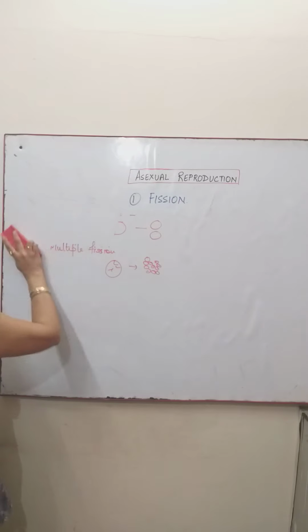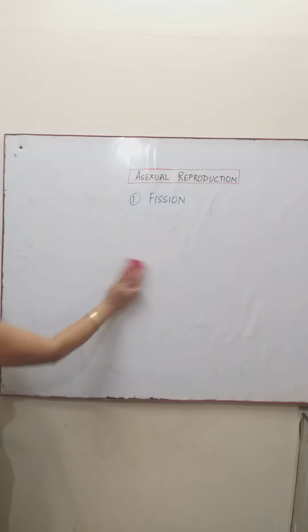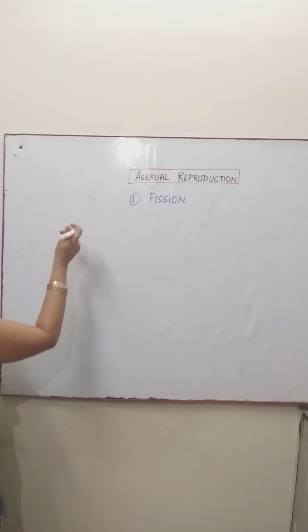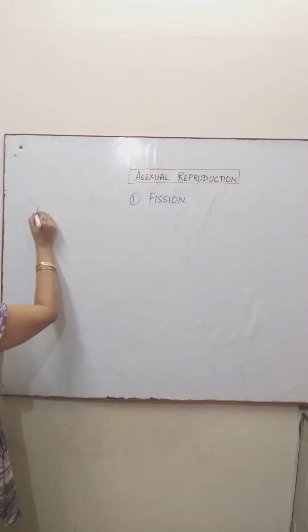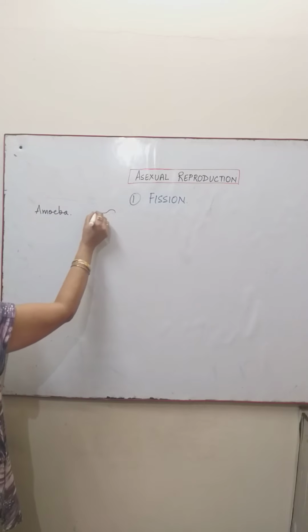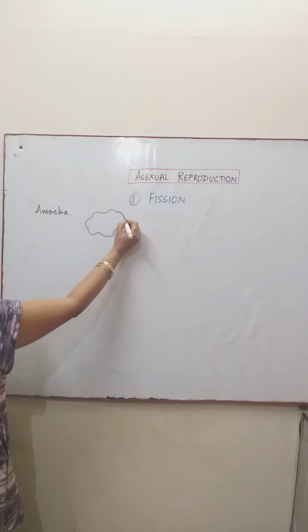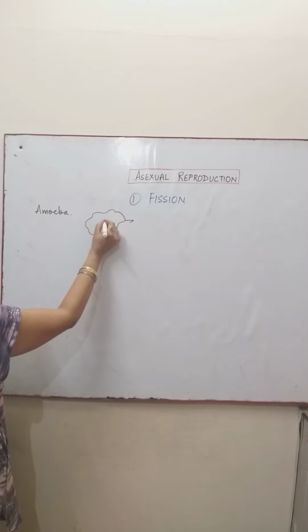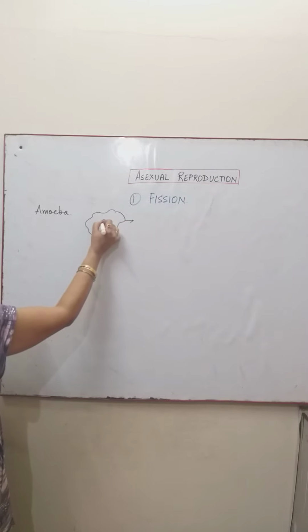Now what are the steps which are there during this process of fission? The first and foremost step is the nucleus elongates and divides into two. We are taking the example of an amoeba. In the case of amoeba, the body is irregular. These are the pseudopodia and this is the nucleus.